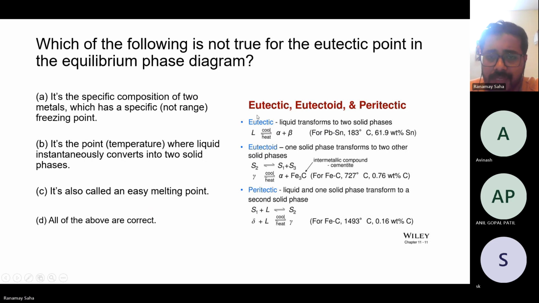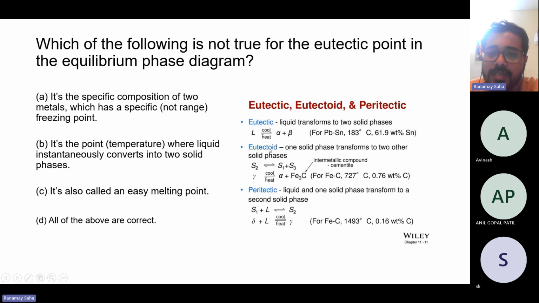These are by standard named eutectic, eutectoid, and peritectic points. Eutectic is where a liquid transforms into two solid phases. For example, for the lead and tin group at 183 degrees centigrade, the first solid crystals are formed out of a liquid Pb-Sn alloy.